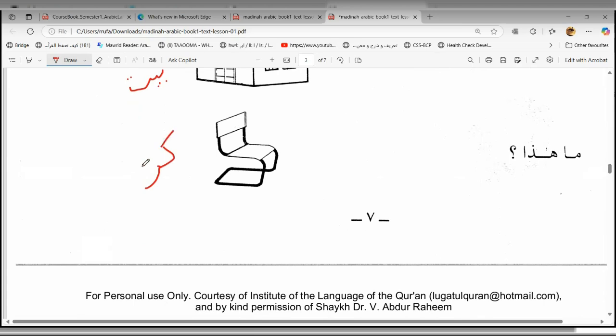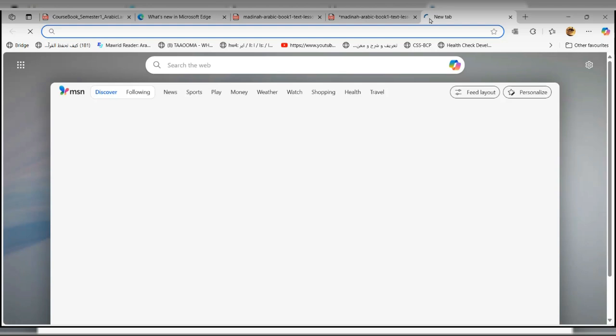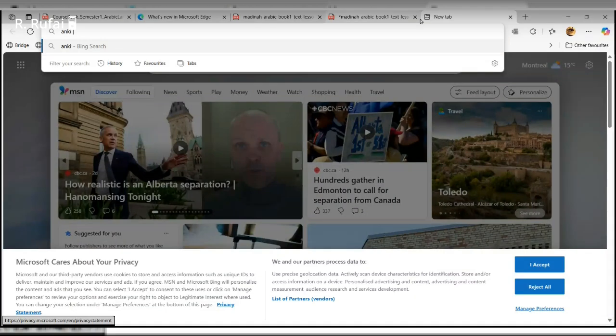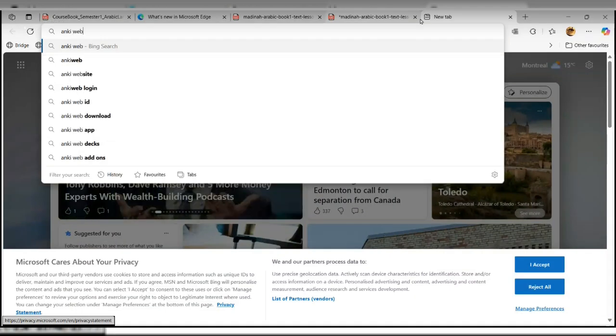Now, one of the things you need to do before our next class, inshallah, is memorize all this new vocabulary. There are tools online that can help you. There's something called Anki, so you can look it up. If you search for Madinah Arabic on Anki, you will find already made slides, so that you don't need to create them yourself.